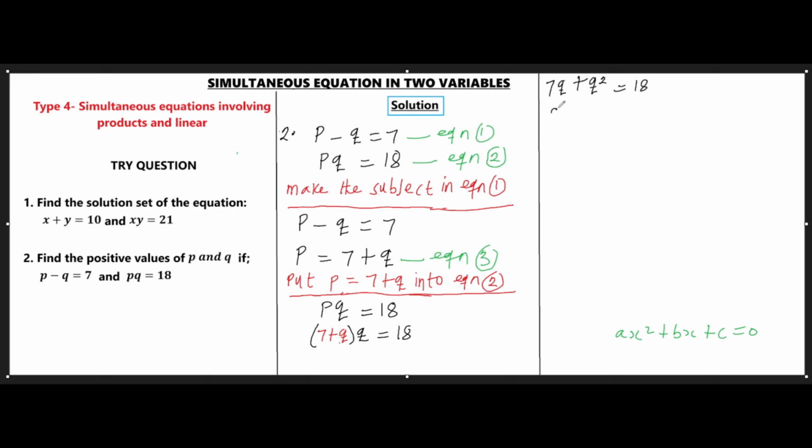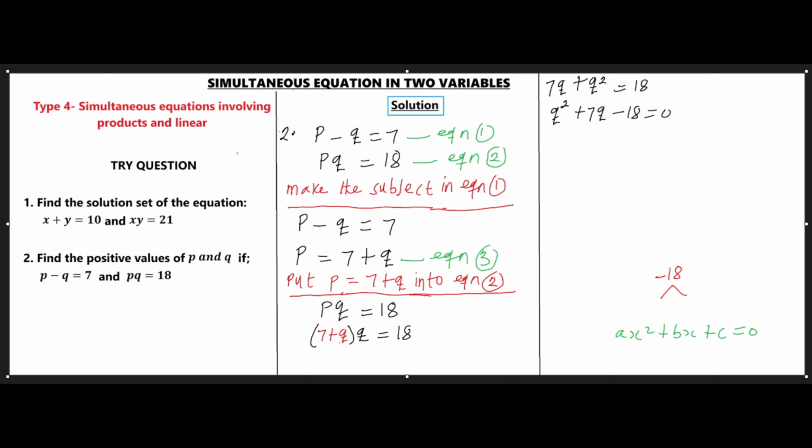We have q squared plus 7q, and we transpose 18 to the left, it becomes minus 18, and this must be equal to 0. Now the coefficient of q squared is 1, the constant is minus 18. So 1 by minus 18, so minus 18.